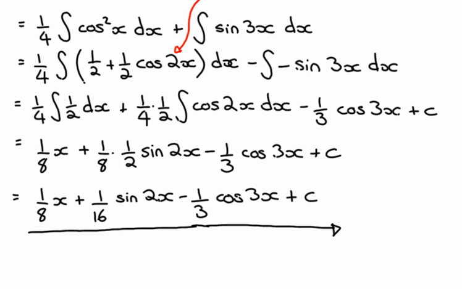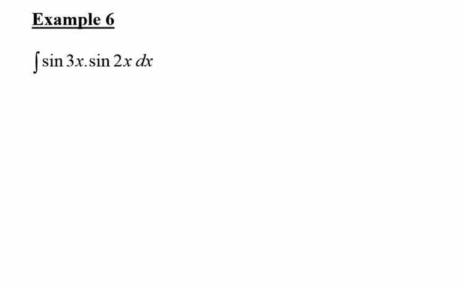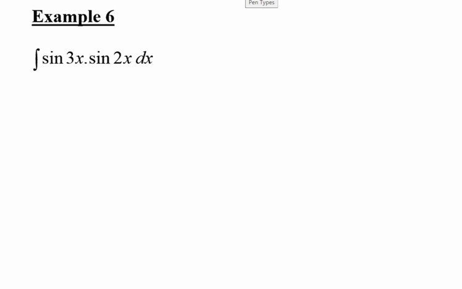Alright, last example. In this example, we see that we've got sine 3x times sine 2x. Now, these angles are different, so we can't just go to most of our more straightforward identities. So actually, let's write that down so that you remember it when you're studying.